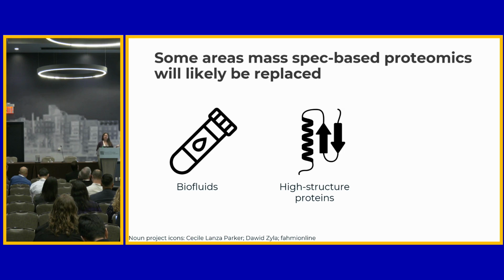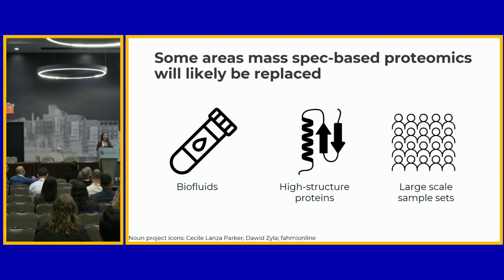Those types of proteins, there's a lot of other technologies because all of these other technologies work really well. And I had mentioned this with the biofluids, but for incredibly large-scale sample sets where you have thousands of samples that need to be processed and analyzed and then reported with actionable insights, I think those are just a string of things that mass spec really fails to deliver.